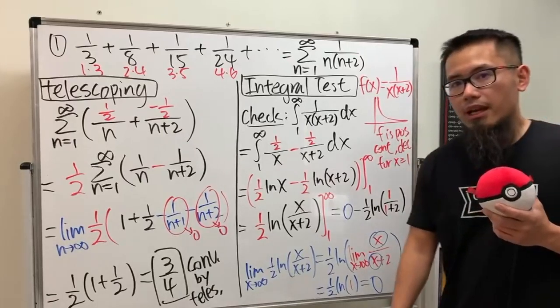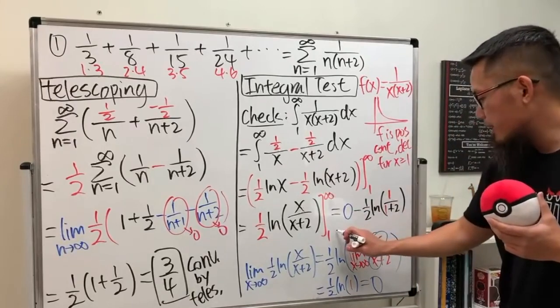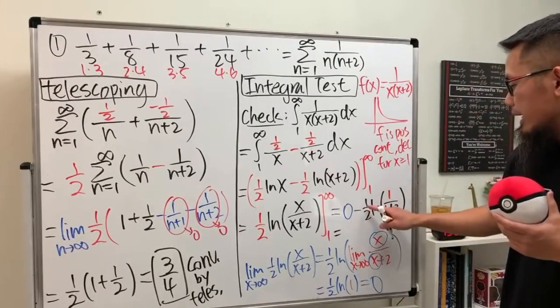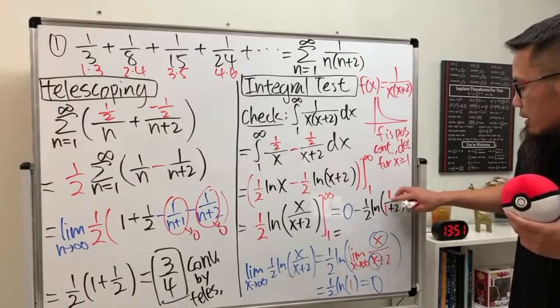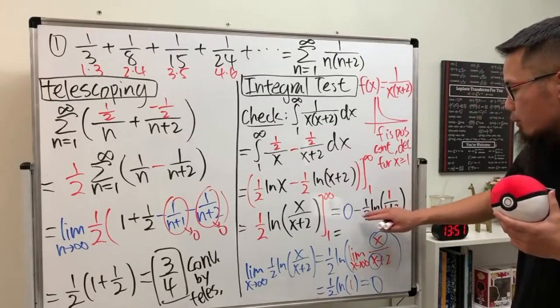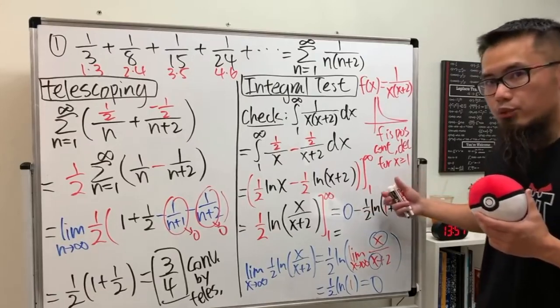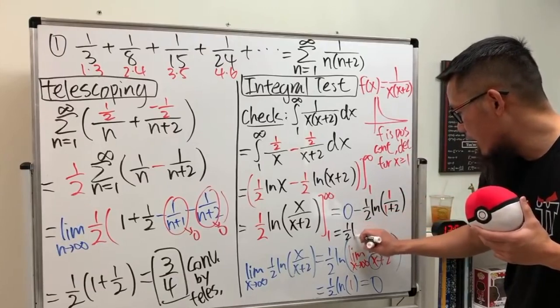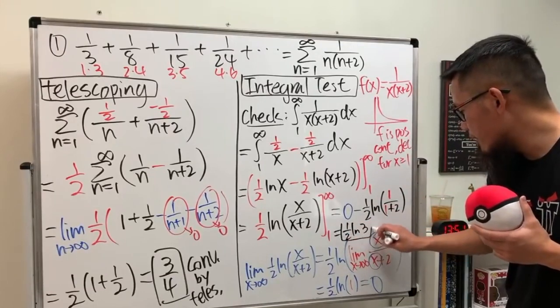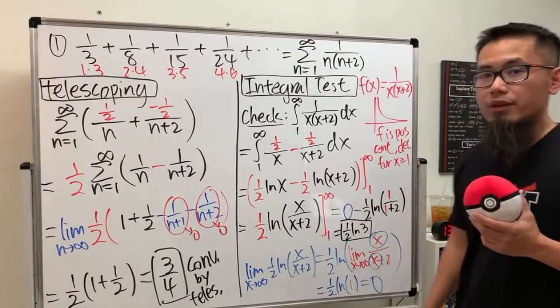Go ahead and fix this a little bit. This is just 0, and then you can put a negative right here. So this is 1 over 3, right? But when you have the negative for the exponent, you can write it as 3 over 1. So all this is going to be just 1/2 ln 3.